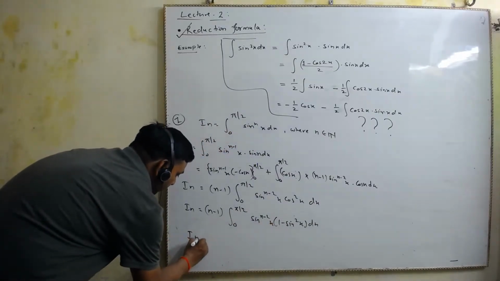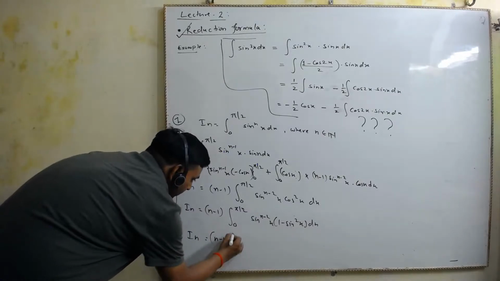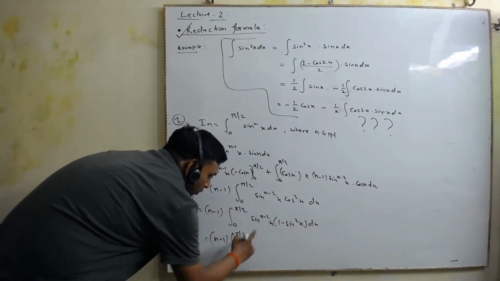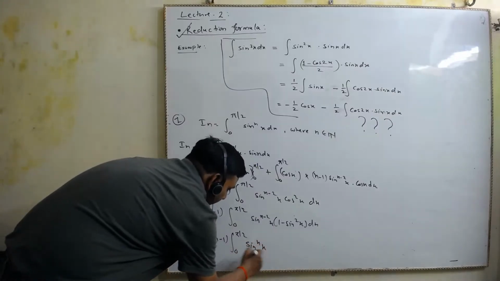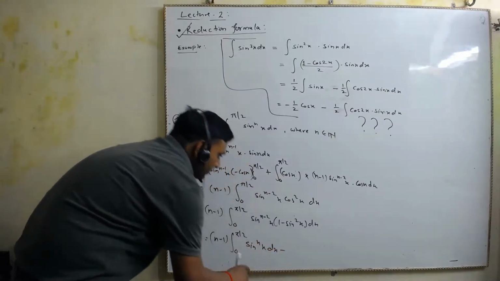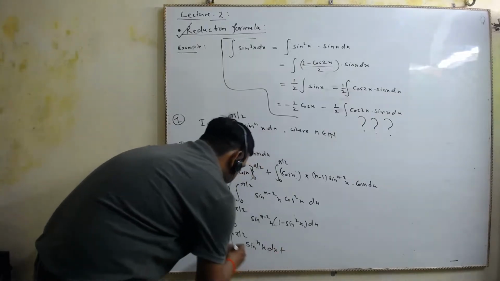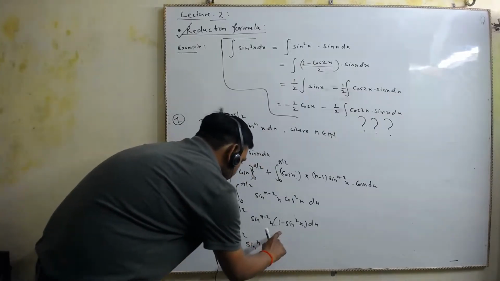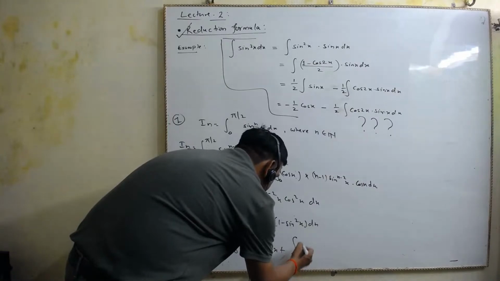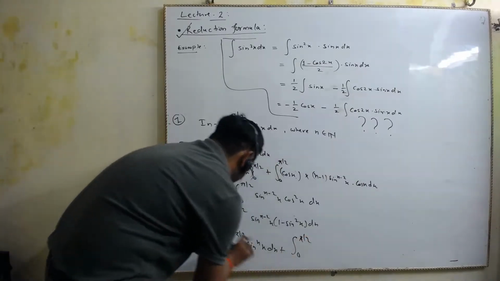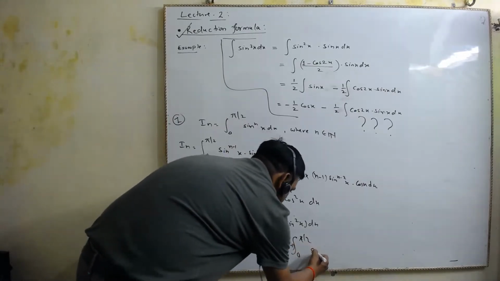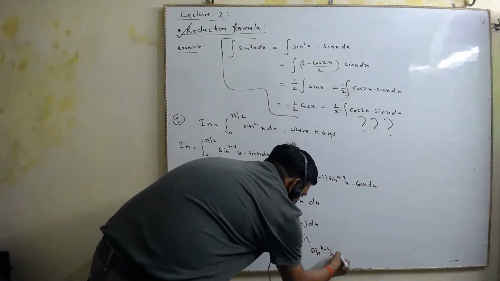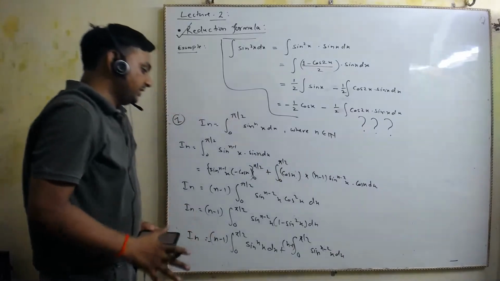Now what I can have from here, (n minus 1) times the integral from 0 to pi by 2 of sin^(n-2) x, and multiplying sin square x here, we will have sin^n x dx, so that will be minus and plus, from 0 to pi by 2, with (n minus 1) multiplied by sin^(n-2) x dx.